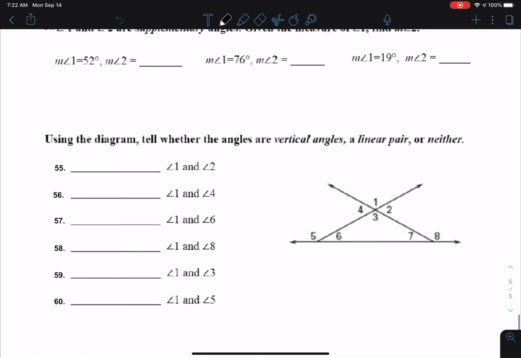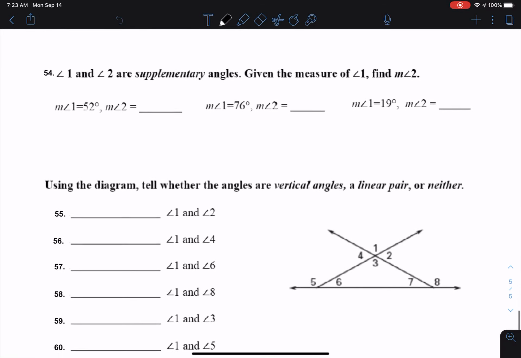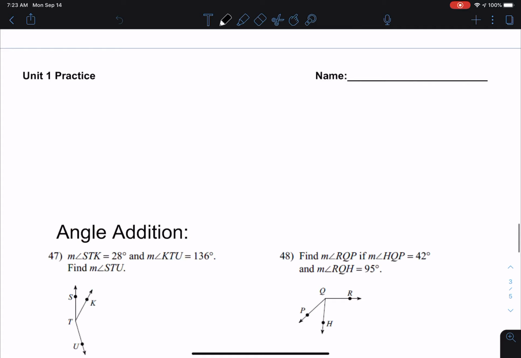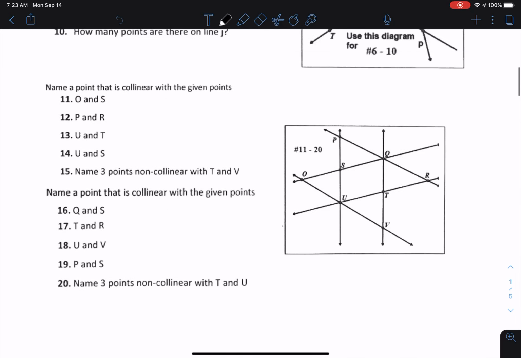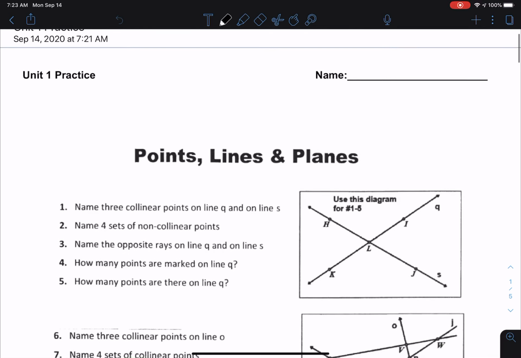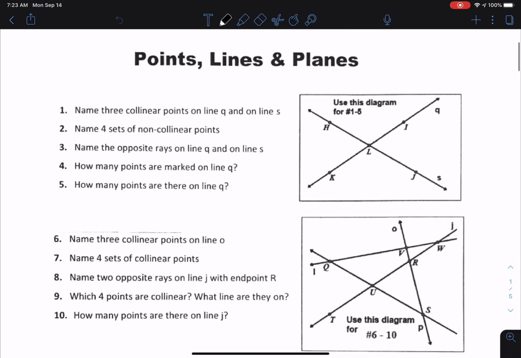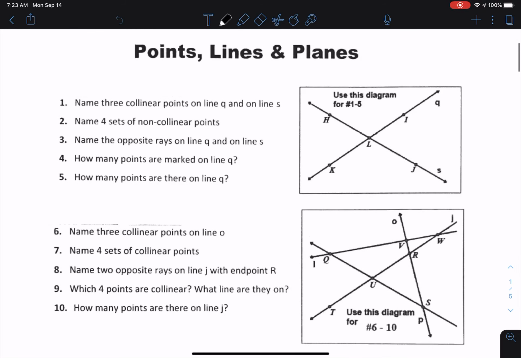There's exactly 60 problems, and some of these you may not have quite seen before, or maybe you have, but if we haven't gone over it yet, I'm going to go over it in this study guide. Everything on this study guide will prepare you for your test, and if you know how to do everything on here and you feel pretty good about it, then your test should be pretty straightforward.